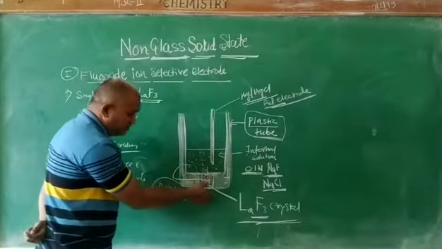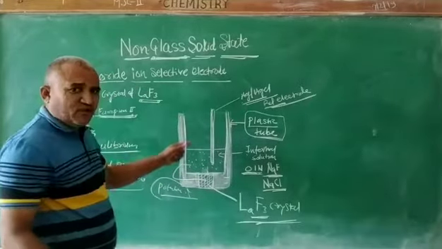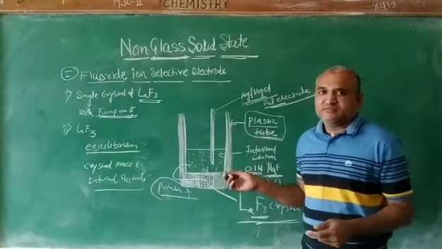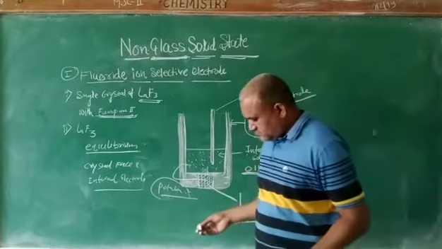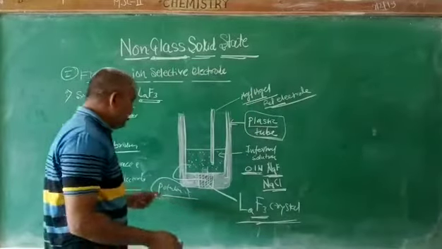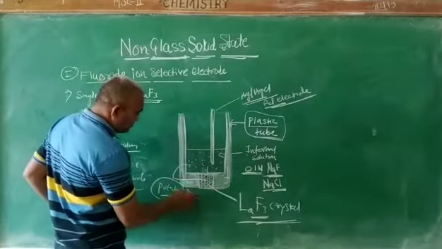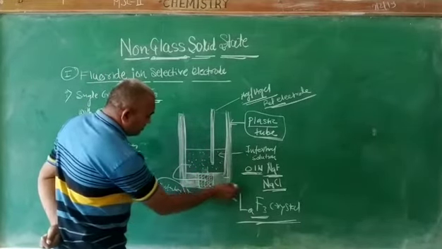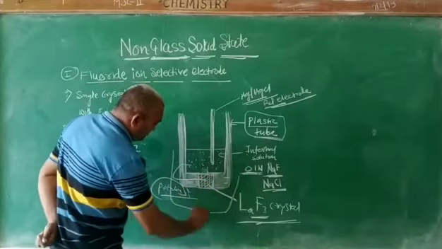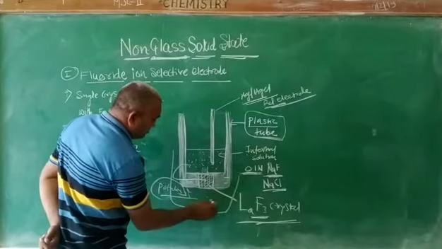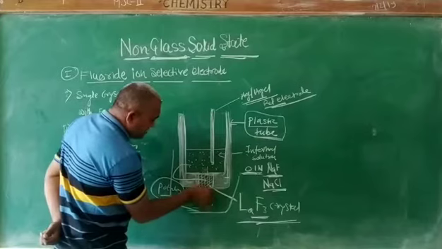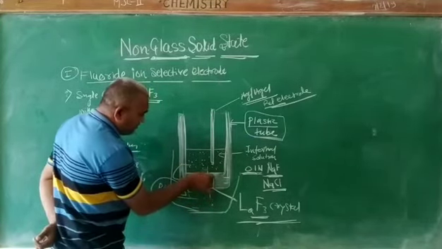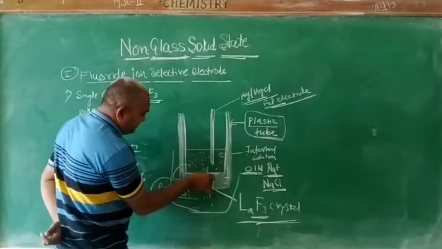So when we put this electrode in a fluoride containing sample, there is a change in the internal potential. When we put this electrode in a fluoride containing beaker or solution, fluoride ions are inserted through the permeable membrane of LaF3 crystals.